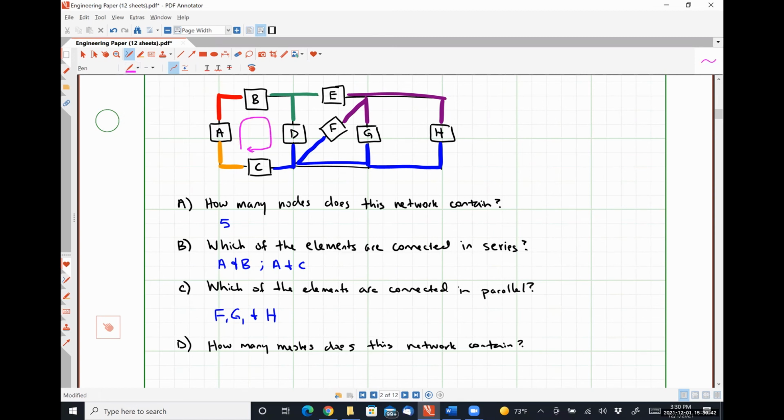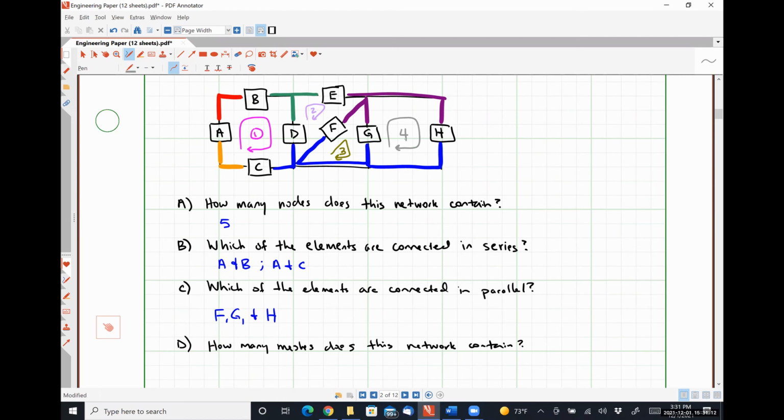So let's call this guy right here mesh 1. Let's call this triangular guy right here mesh 2. This triangular guy right here mesh 3. And this square guy right here mesh 4.